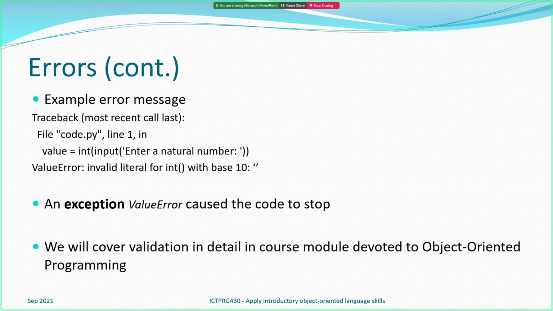Now, we'll cover more detail on validation and errors in the second course under chapter 3, which is the object-oriented programming chapter. So we'll delve into that in a lot more detail there.